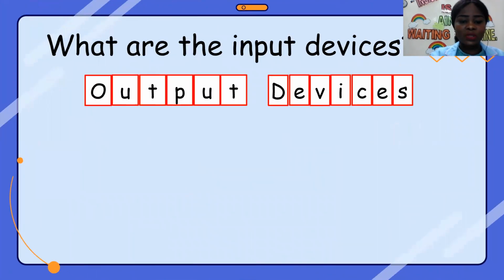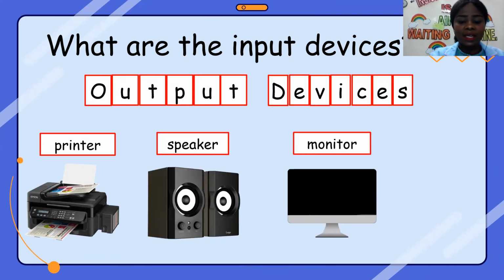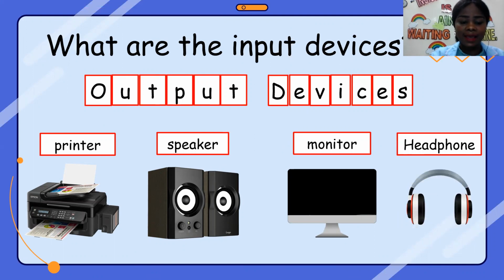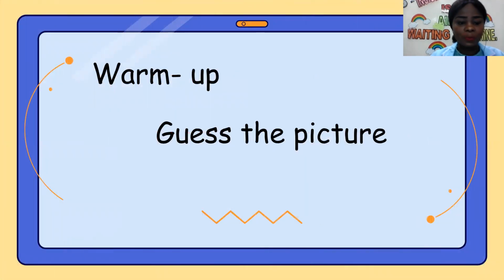And the last time we talked about the output devices. I will say the output devices are printer, speaker, monitor, and headphone. Now, let's go to our warm-up.